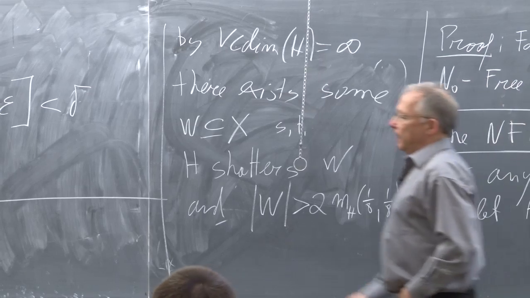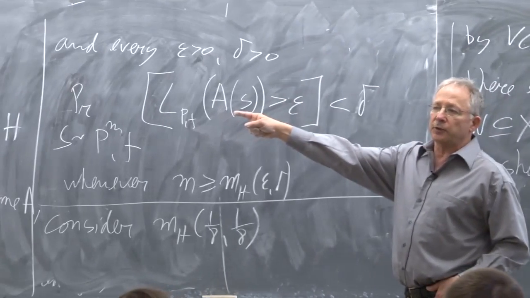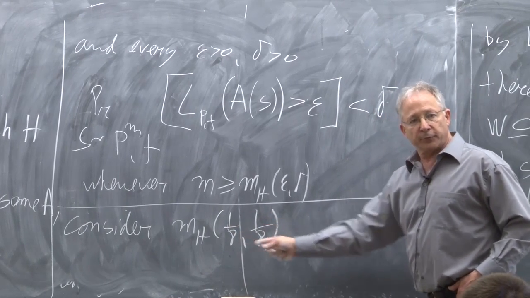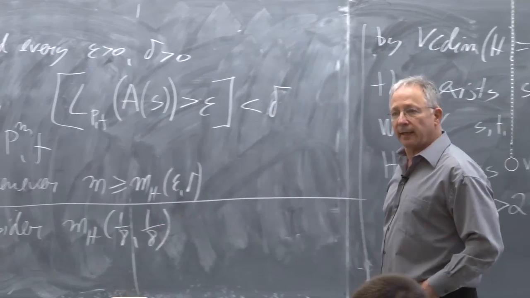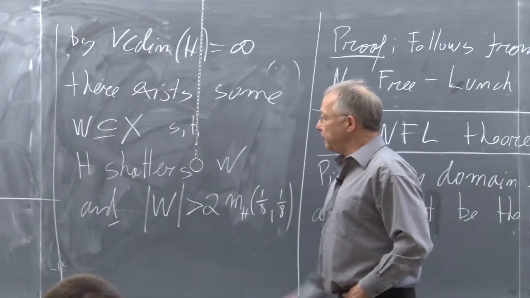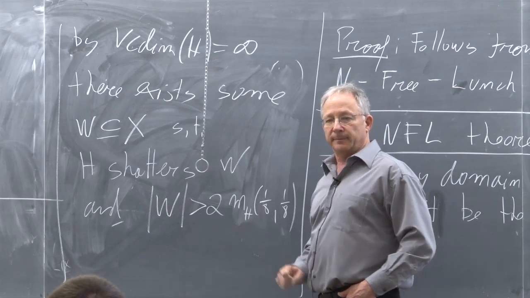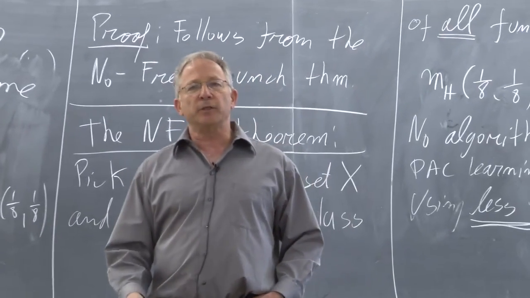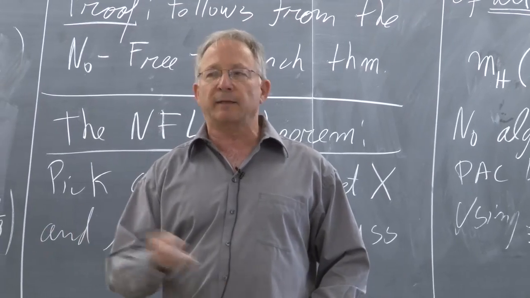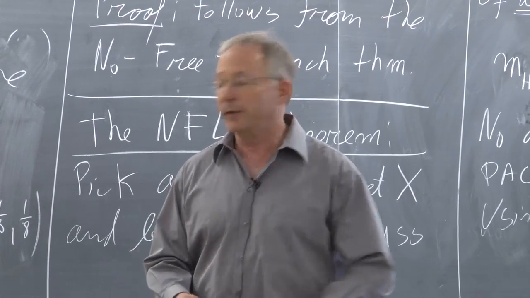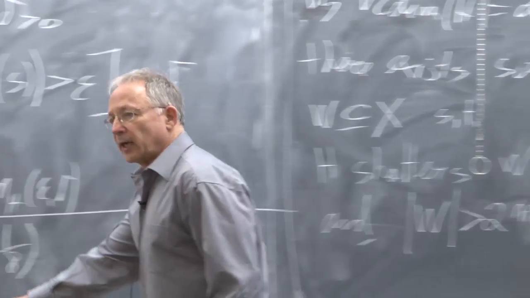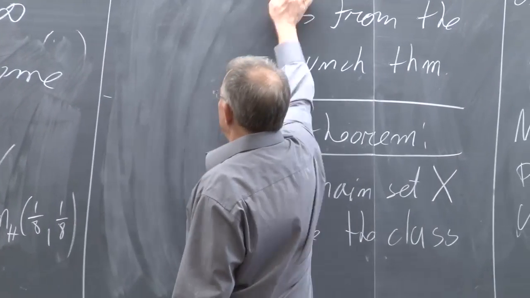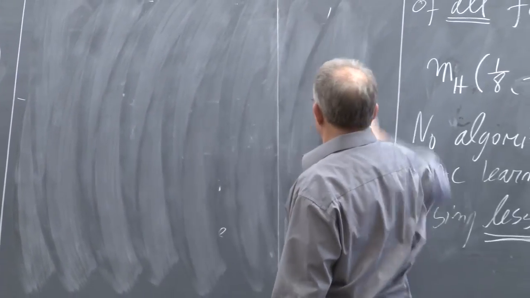So in particular, you claim we had an infinite VC dimension H. You claim that it can be learned. If it can be learned, we have this function, and there is the value of this function at 1 over 8. And since the VC dimension is infinite, I can pick a shattered set which is bigger. But now we have to go to the definition of shattered. If W is shattered, what is the set of functions that H gives me over W?